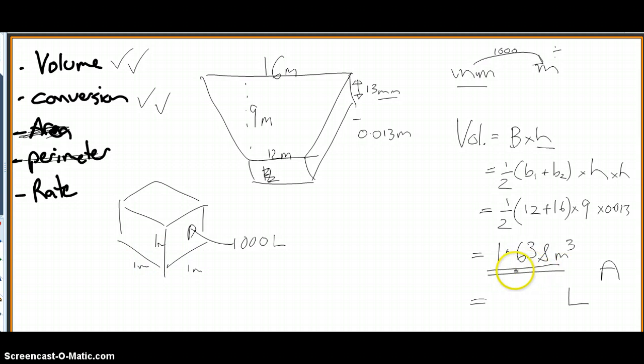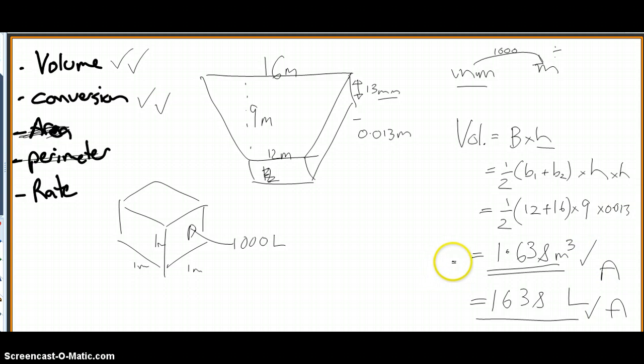So for every metre cubed I have 1,000 litres. I've got 1.6, so effectively I'm timesing this number by 1,000 and I get 1,638 litres. And that would be worth another achieved for a conversion.